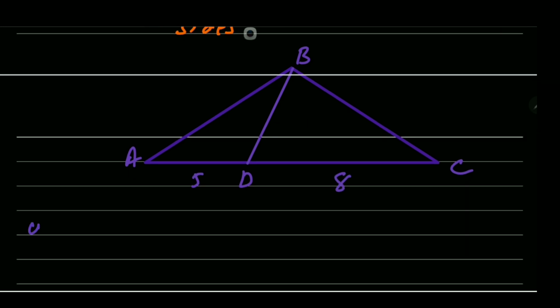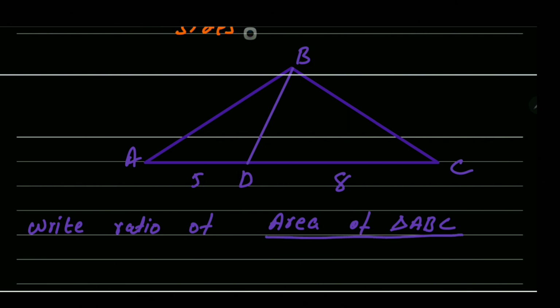So the question is asking to write the ratio of area of triangle ABC over area of triangle BDC. So then how to solve this question?